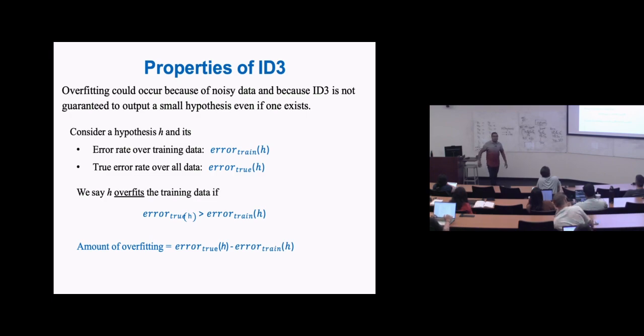Question, yes? Is ID3 the name of this algorithm? Yes. Why is it called ID3? I think it's induction tree. Like inductive decision tree algorithm, so that's why. But I can confirm that. Don't take my word for it.